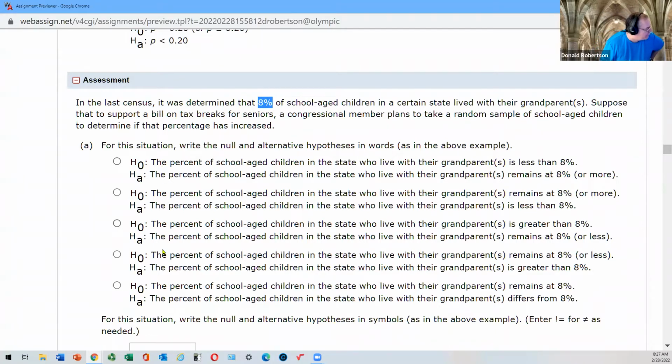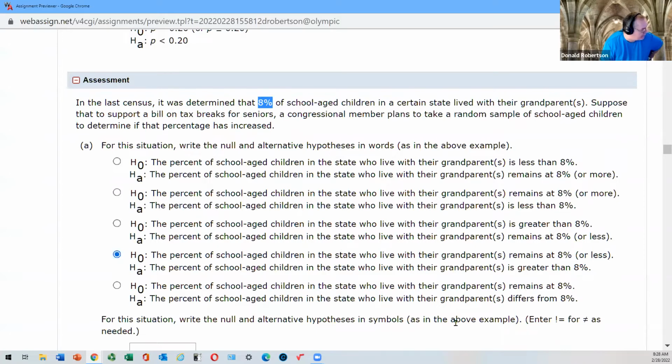So one of these 5 null and alternate hypotheses is going to be the one that we're going to do. So I'm going to go through and only focus on the alternates for a second. So this one, the percentage of school children in the state who live with grandparents remains at 8%, ain't that one. Is less than 8%, not that one. Remains at 8%, not that one. And is greater than 8%.